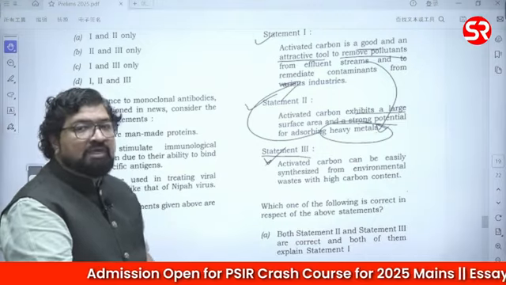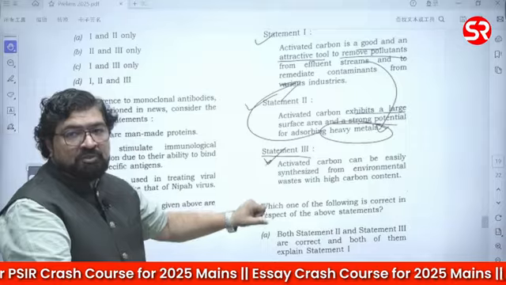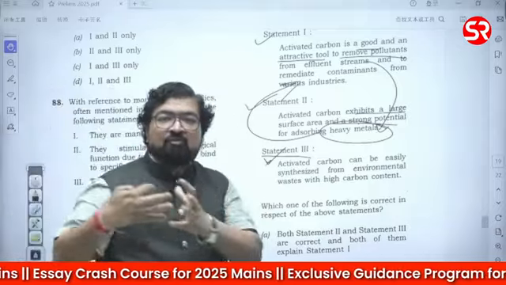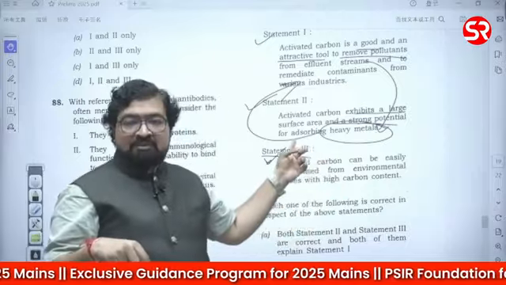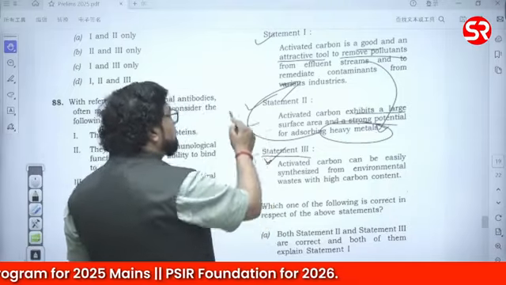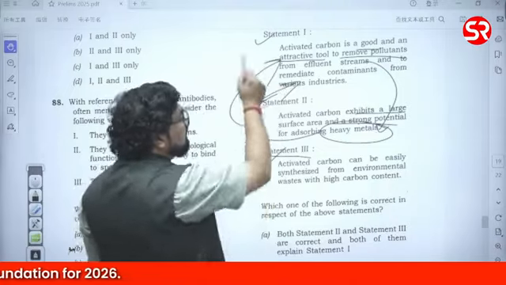That means from the biomass, organic matter, or environmental waste. That is production. But statement 1 is talking about removal of pollutants from industrial process, and that is because of the large surface area of the activated carbon to absorb heavy metals. So the second statement directly supports 1, but statement 3 does not.